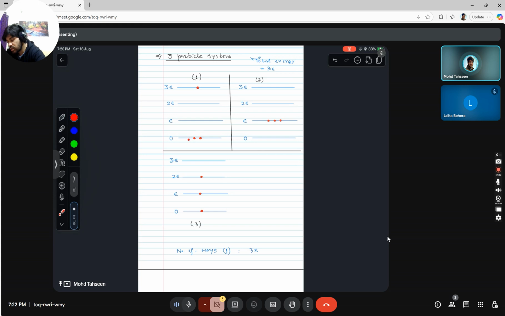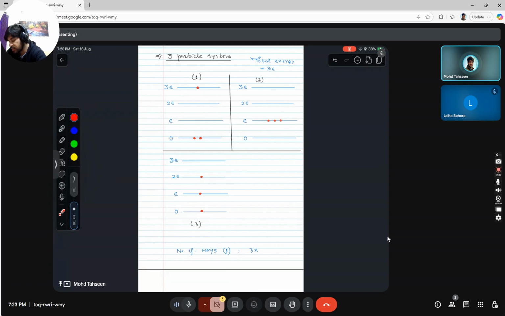Then there is only one way to choose these 2 particles, right? Because no matter what choice you make, the other 2 particles are already fixed. Once you fix that one goes here, the other 2 have to go here, and the order will not matter in this configuration because they are in the same energy level.